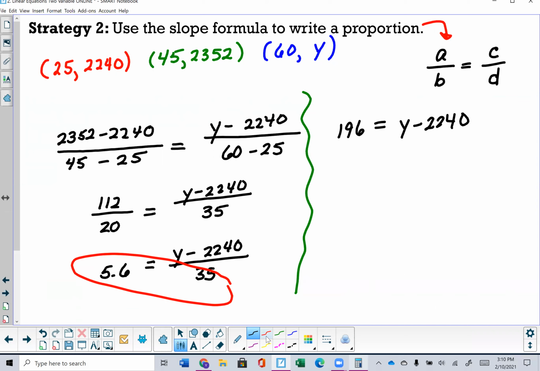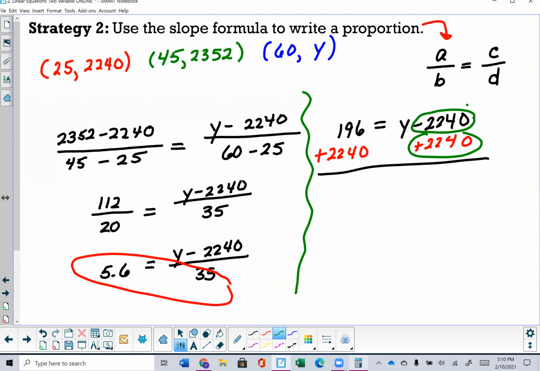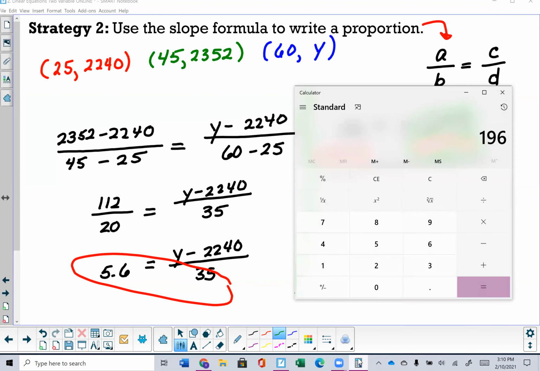Okay, let's finish up solving for y, adding 2240 to each side. All right, so on the right side, the minus 2240 and the plus 2240 is 0. And then 196 plus 2240. Oops, try that again. 196 plus 2240.